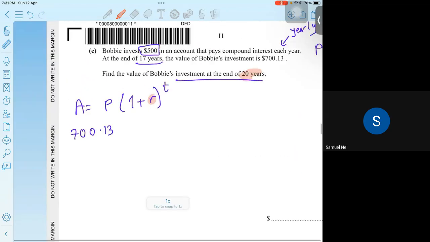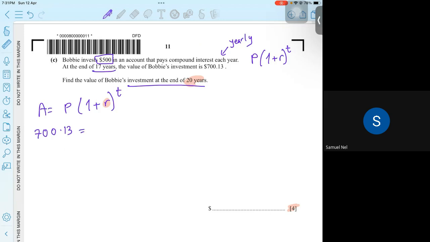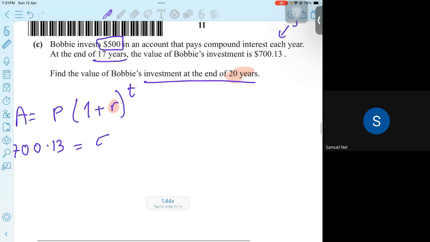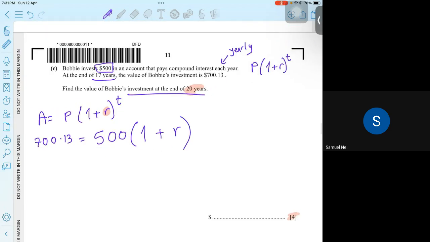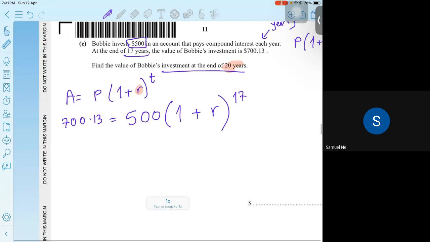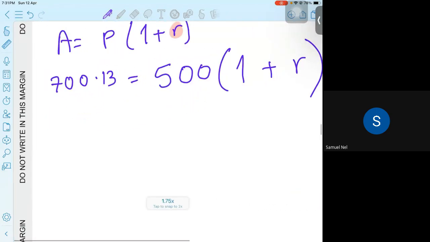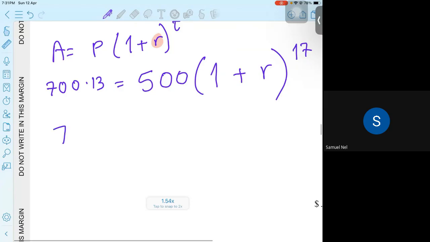I'm really sorry. So this is that. The P is 500. This is a plain one. The rate is what I have to find out. And the time has been given as 17 years. Are you all with me? The next step is to isolate the R as much as we can. So let's take 500 to the other side.